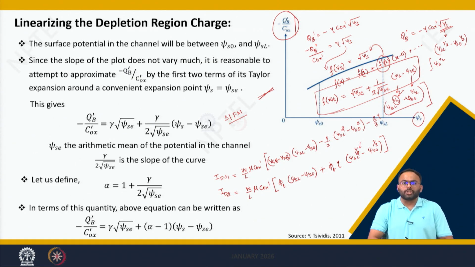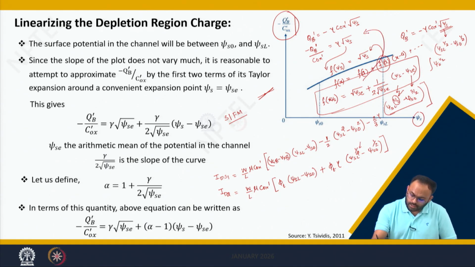So, the expansion of square root of psi s by using Taylor series method will give us minus QB dash by Cox dash can be rewritten as gamma into square root of psi s e plus 1 over 2 divided by square root of psi s e into psi s minus psi s e.